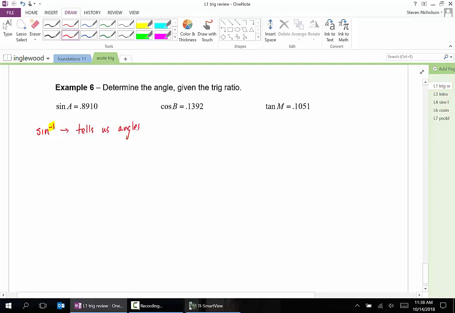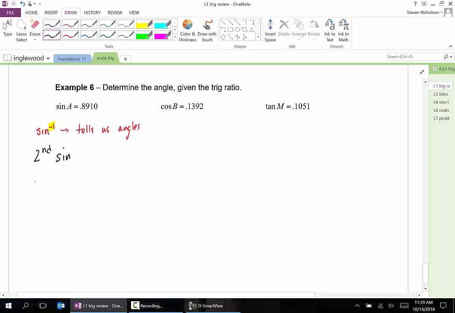As long as we have the ratio of the sides, it doesn't matter if it's decimals or a fraction, this will allow us to simply figure out our angle. What you simply have to do is press second and the ratio. So in this example, it's second sine.